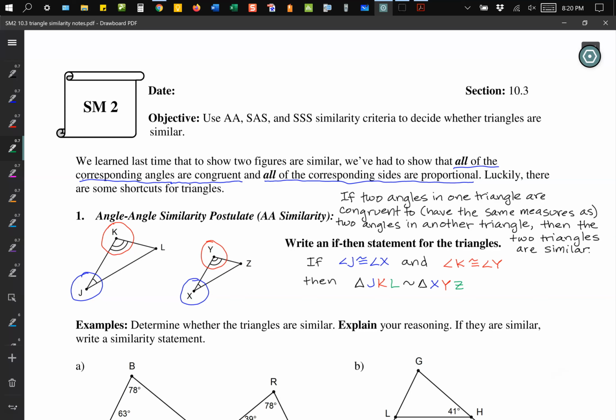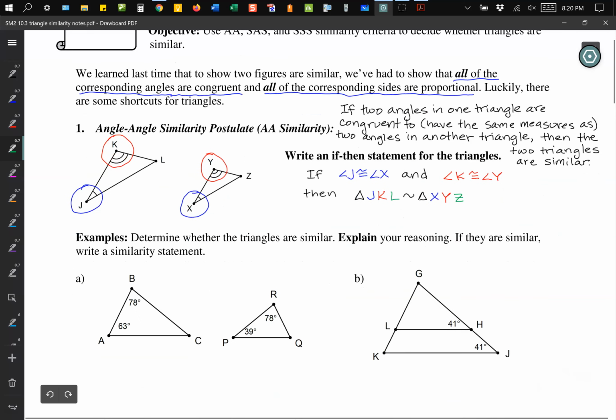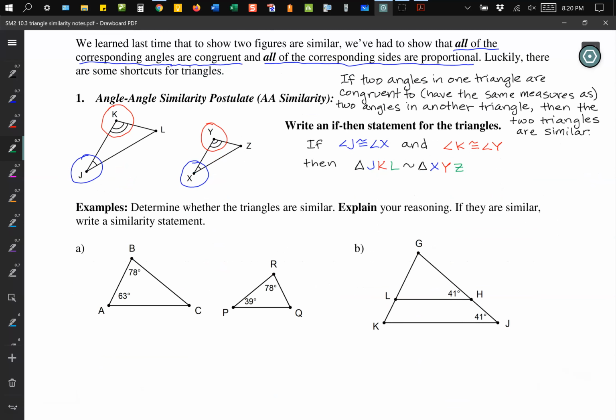Now we're going to look at a couple of problems where we can use angle-angle similarity to decide if 2 triangles are similar. There are a couple of things that you need to remember. The first one is that the angles in a triangle add to 180 degrees.